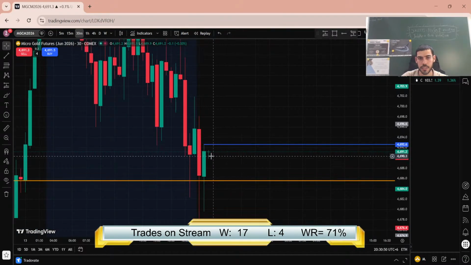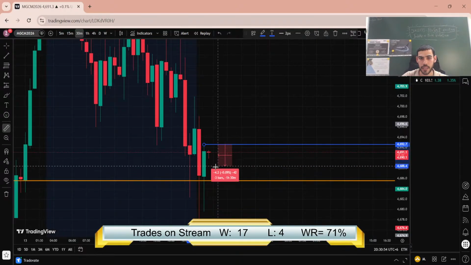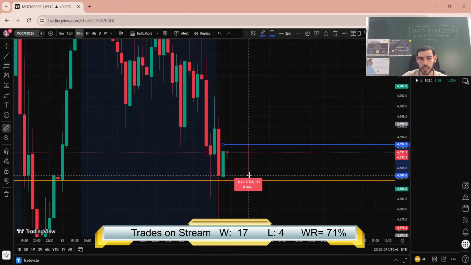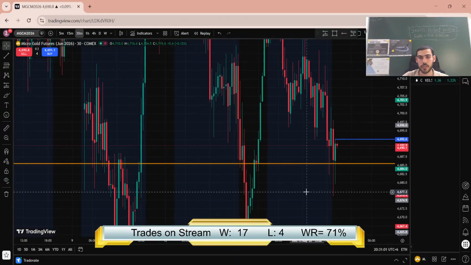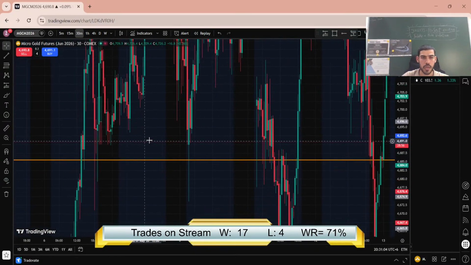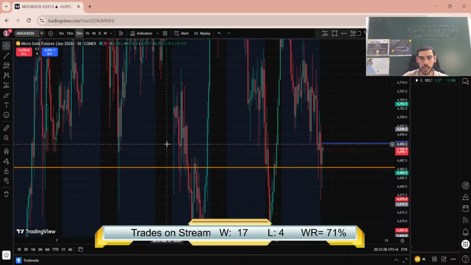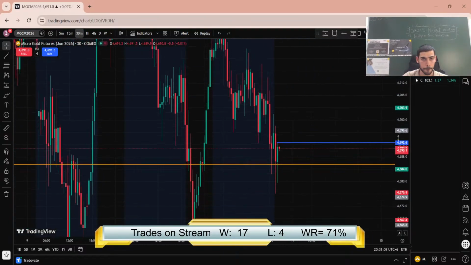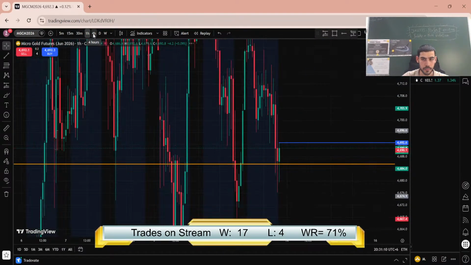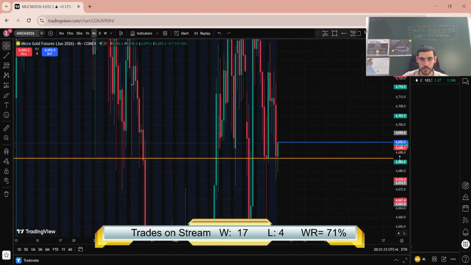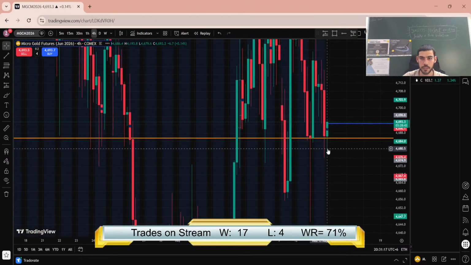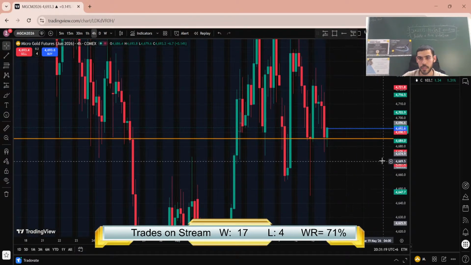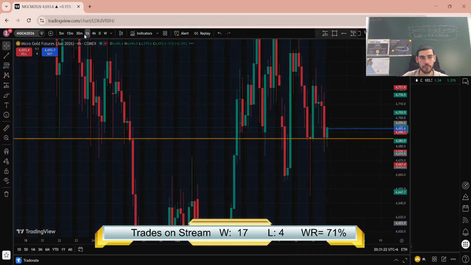I would like to see this candle break this high and then go back, create a bigger low, steeper bottom wick, and then I will be looking to take it from there, which will give us an extra layer of confirmation and also will increase our win rate probability. Yep, as you can see here, this is a recent rejection area, price rejected many times. Doesn't look bad on the 4-hour time frame.